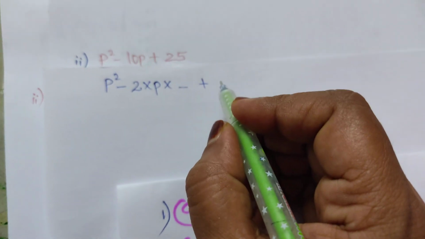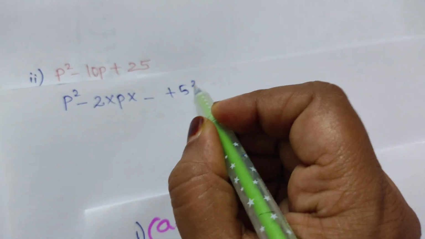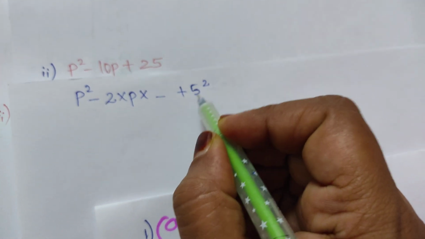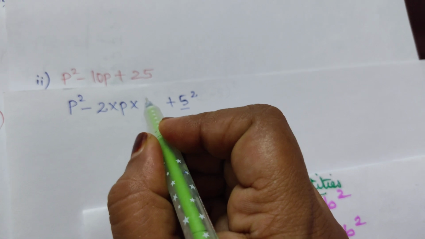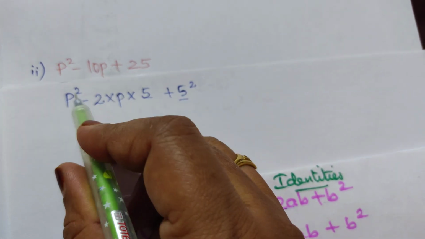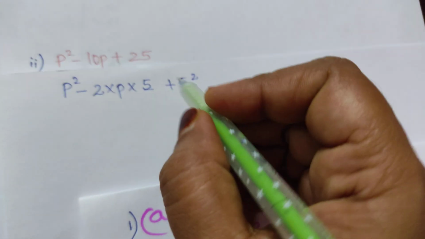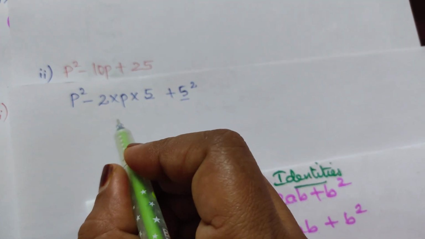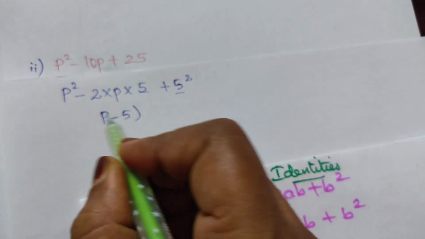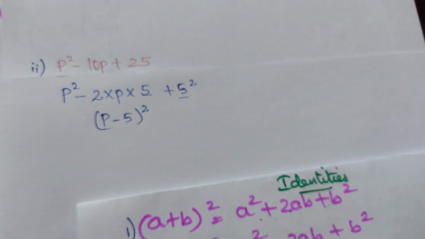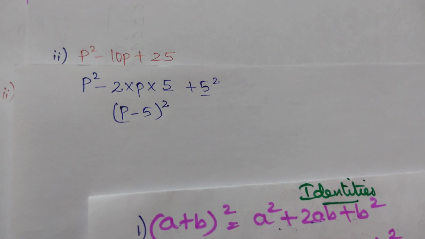So we write here 5 square. So our b has become 5. So instead of b, we write 5. So p square minus 2 into p into 5 plus 5 square. This is nothing but (p minus 5) the whole square. This is how we work out the problem.